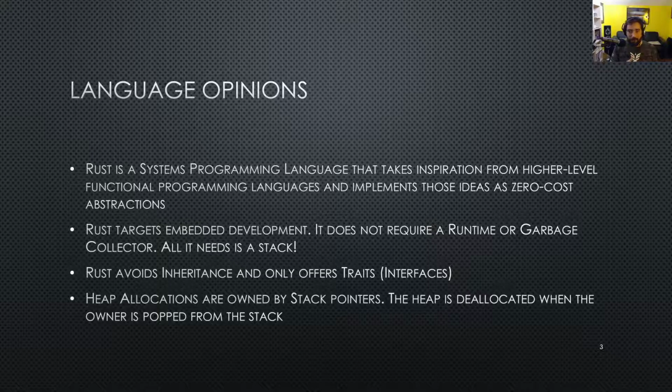For those sorts of applications, usually people write in C, like for an Arduino type of thing. And Rust can work in that sort of environment because it doesn't necessarily require a runtime and it doesn't provide garbage collection. It really only needs a stack, which is pretty great.